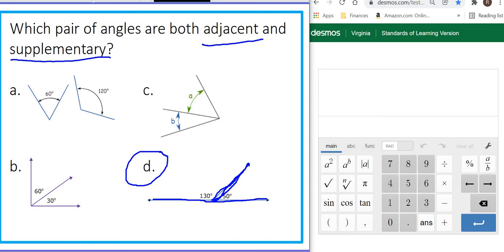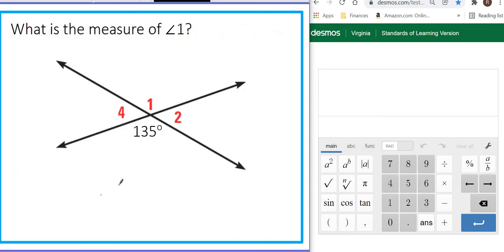All right, let's look at the next one. It says, what is the measure of angle number 1? So we are looking for the measure of that angle right there. The best thing to do, in my opinion, is to look at the relationship between the number they give you and what you're looking at. They're not next to each other.